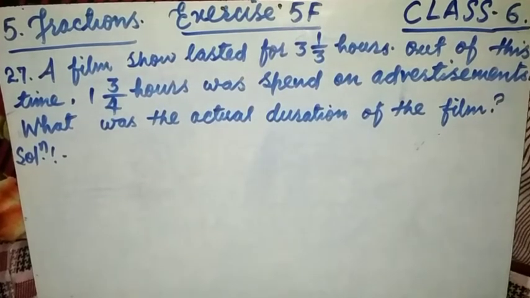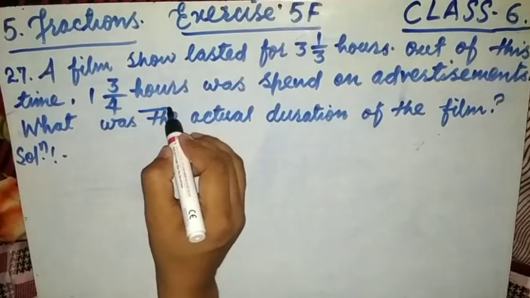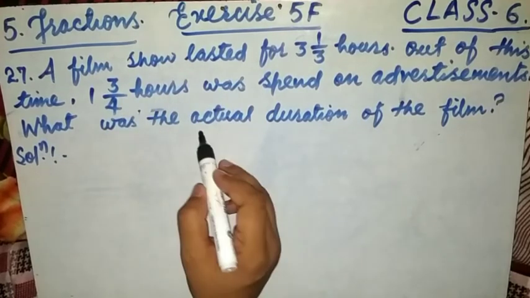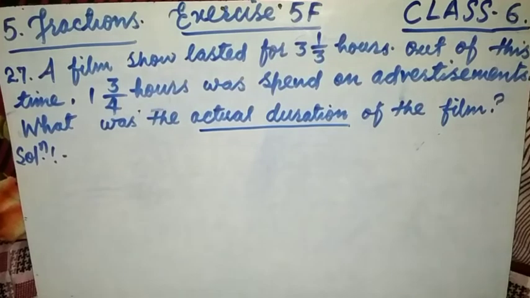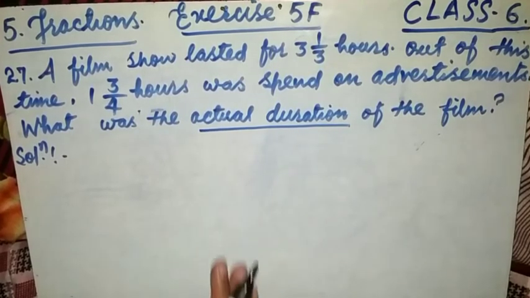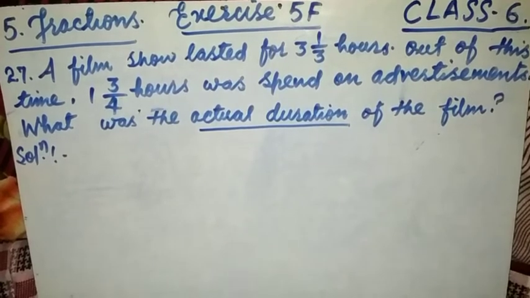Okay, out of this time 1 and 3/4 hours was spent on advertisements. Here is what is given, then what was the actual time of the film, means we have to find the actual time of the film.